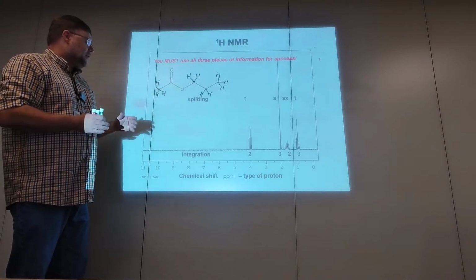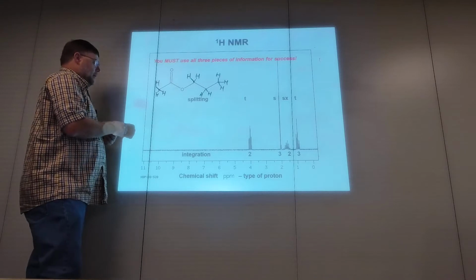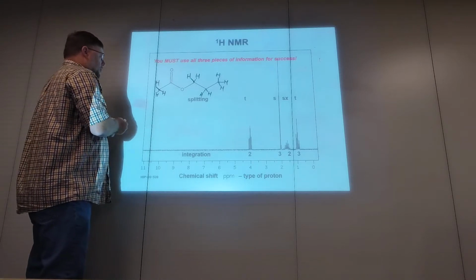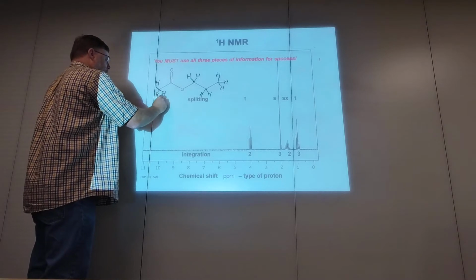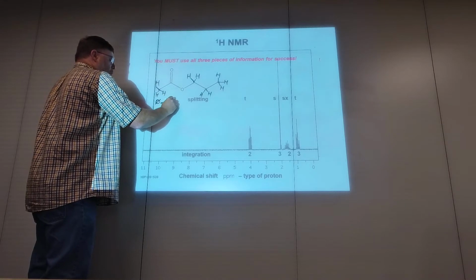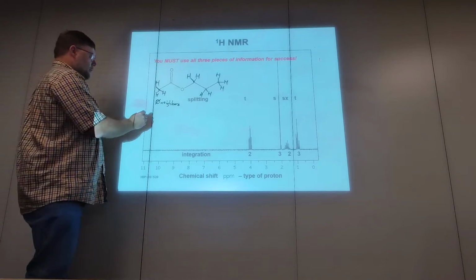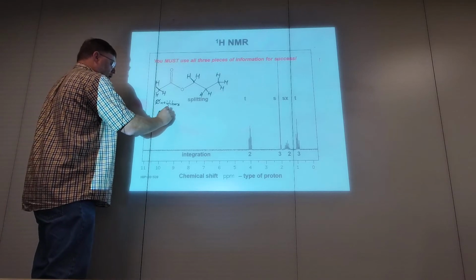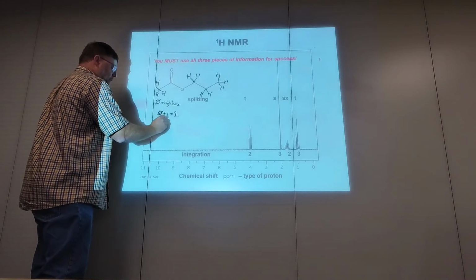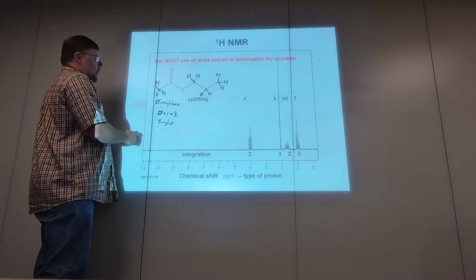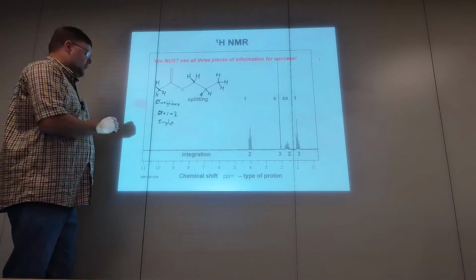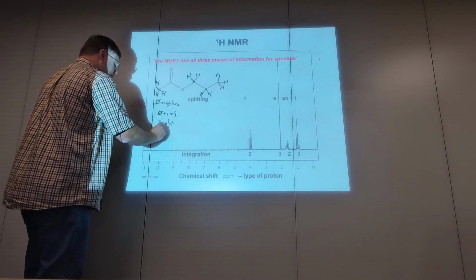None of those are active, so this one should have 0 neighbors. What does a peak look like with 0 neighbors? Well, 0 plus 1 equals 1. It will be a singlet. All right, how many protons are there? There are 3. So the integration should be 3.